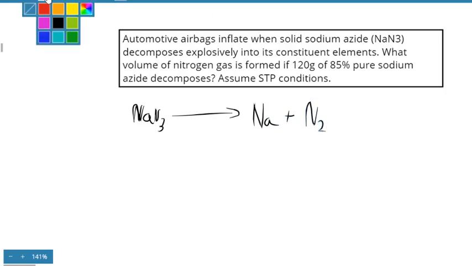Now to balance it, we need to balance the N's. So if we multiply this by 2 and then this by 3, we have 2 Na, 6 N on this side, 1 Na and 6 N, so we just need to put a 2 here. Then we have 2 Na on both sides.